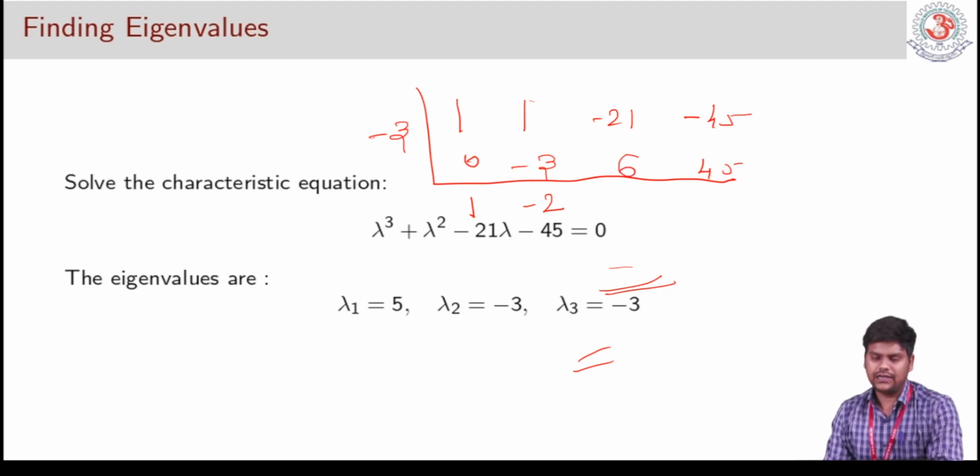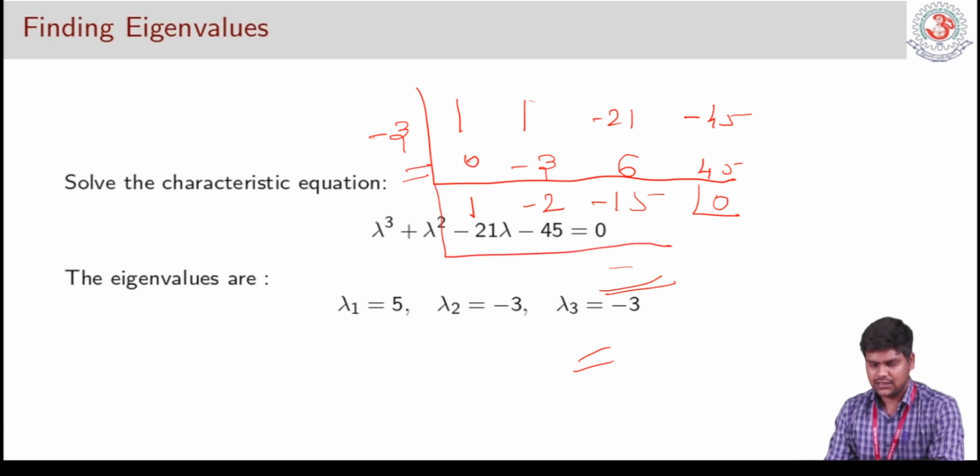So 21 minus 6, what is the value of 21 minus 6? 21 minus 6 is 15, so minus 15. Minus 3 into minus 15 is plus 45, that is 0. So that means minus 3 is one of the eigenvalues.